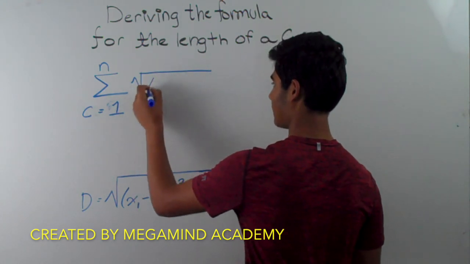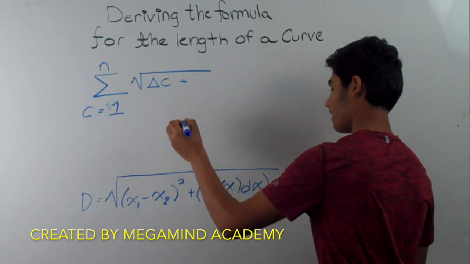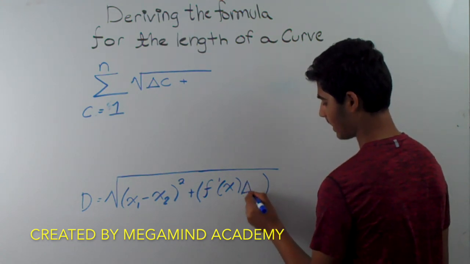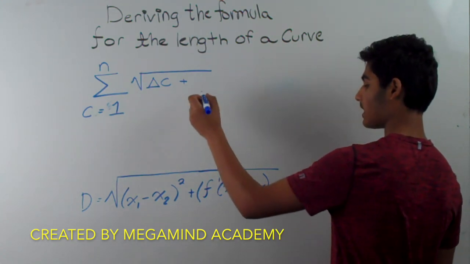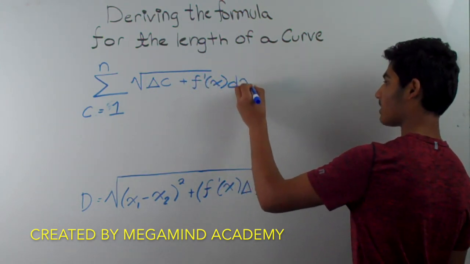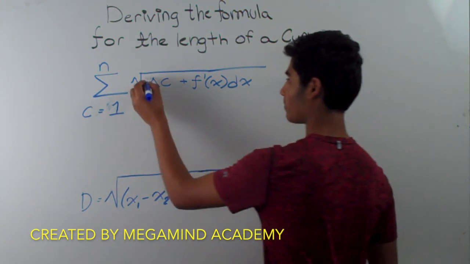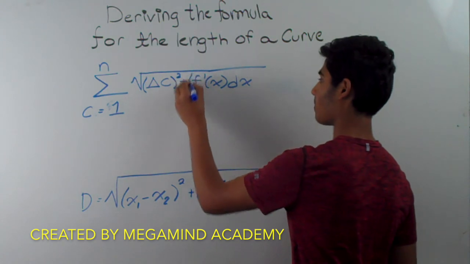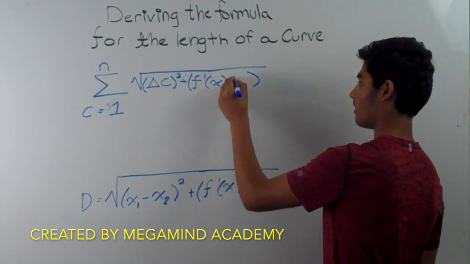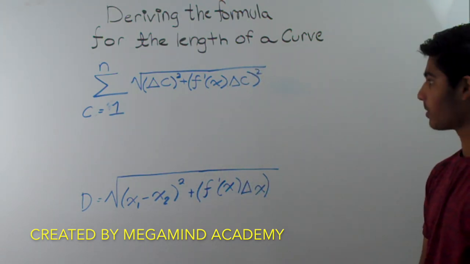So we have delta c squared plus f prime of x delta x. This should be delta c down here, I'm sorry. Plus f prime of x delta c, and as we know, these will both be squared. So how does this help?